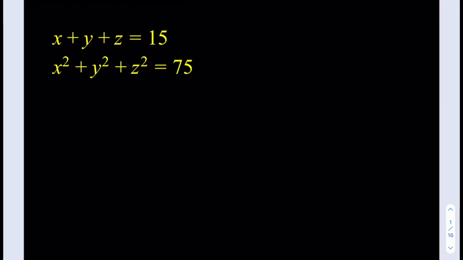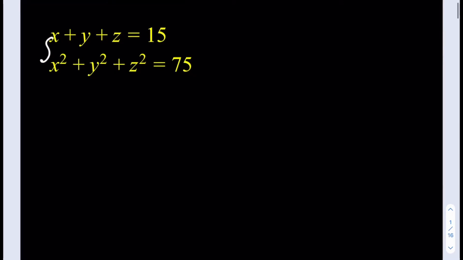All right, so we have x plus y plus z is equal to 15 and x squared plus y squared plus z squared is equal to 75. So we have the sum of squares and we have the sum. So what can we do with this? I can just take advantage of the identity, which is the x plus y plus z squared.